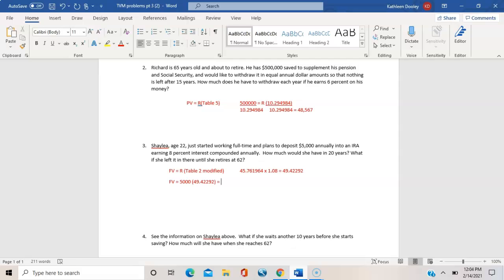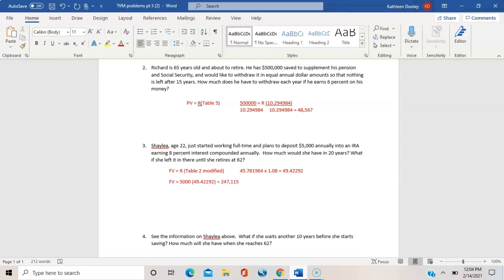Okay, and we'll put that into our calculator. We got 5,000 times 49.42292, and that's 247,115. Okay, so that's how much she would have in the account at the end of 20 years.